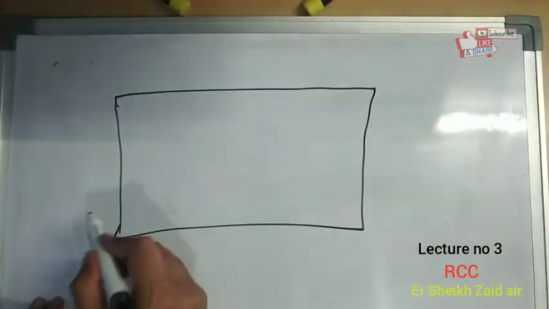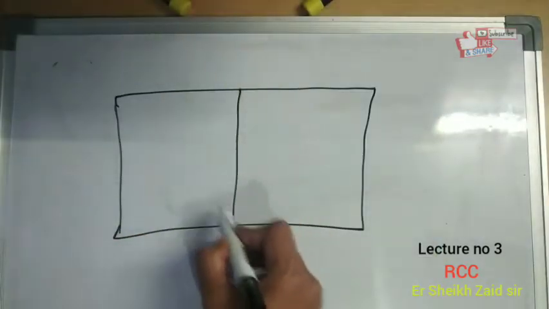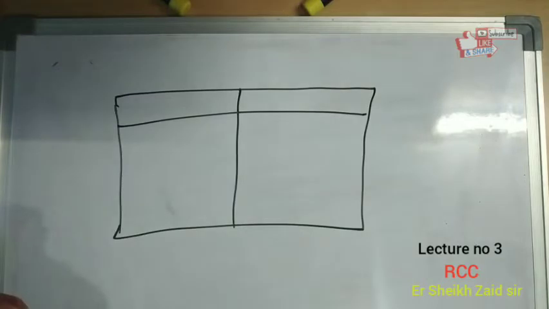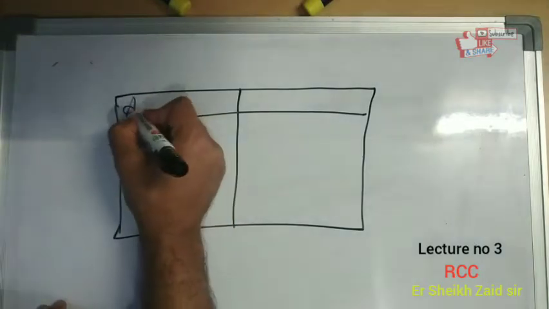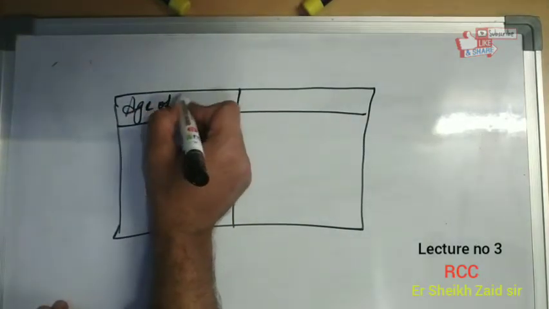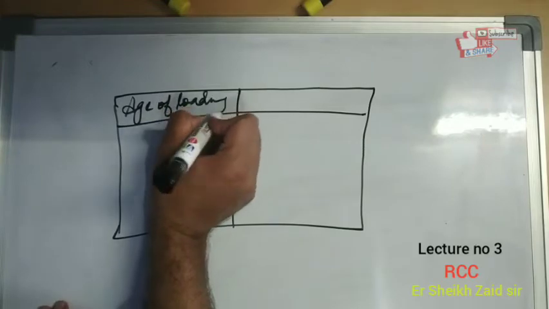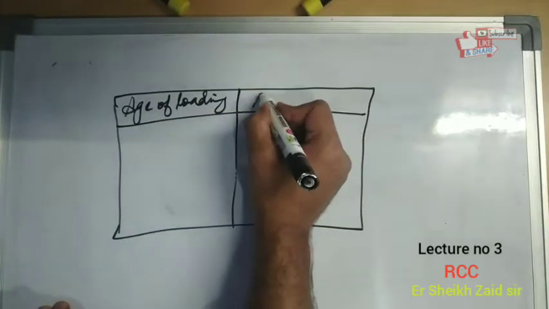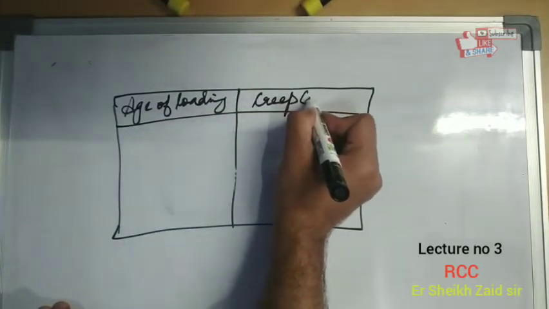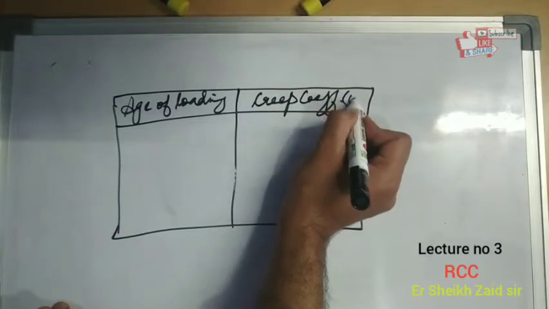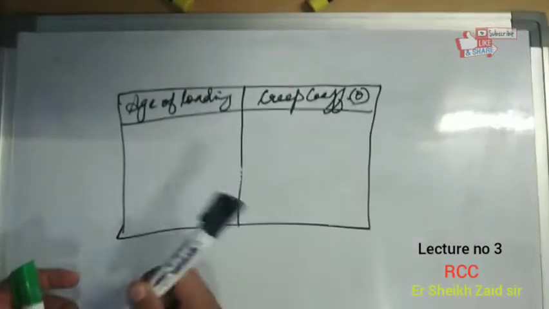See, as per 456, there has been given a table in which here is age of loading, the specimen, and this shows creep coefficient, that is theta.